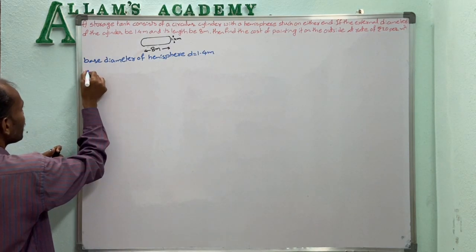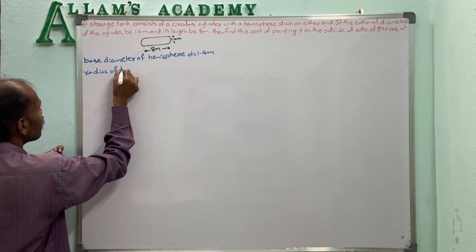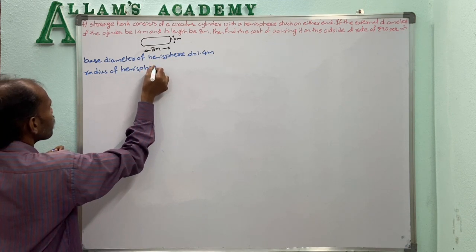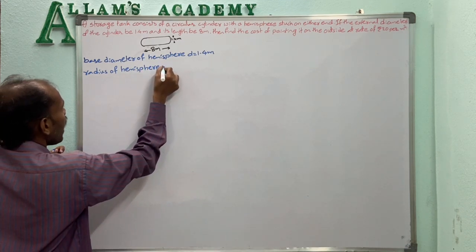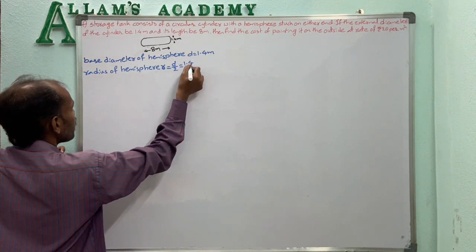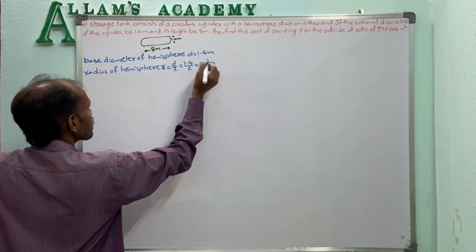So its radius r equals d by 2, that is 1.4 by 2, which is 0.7 meters.